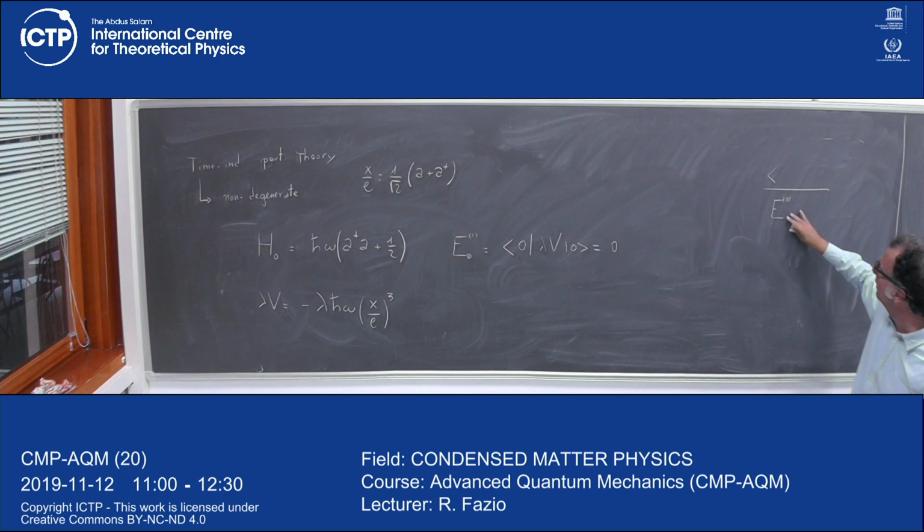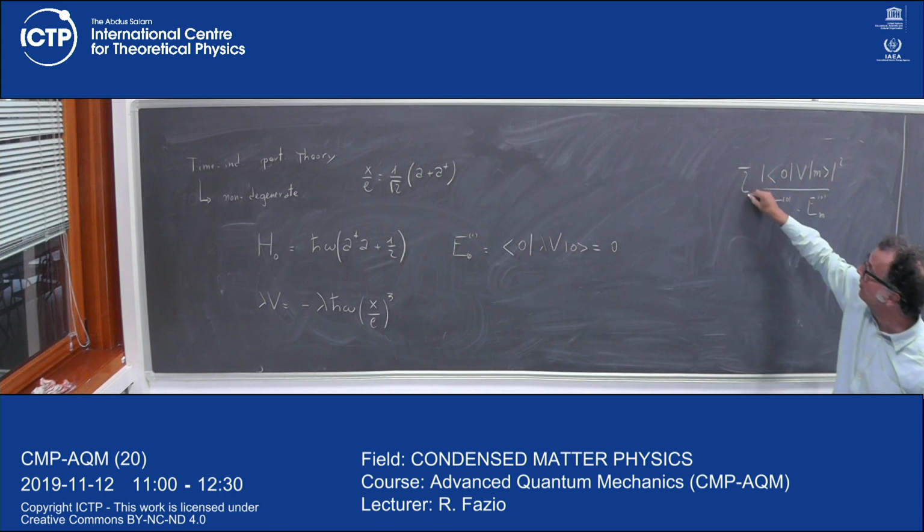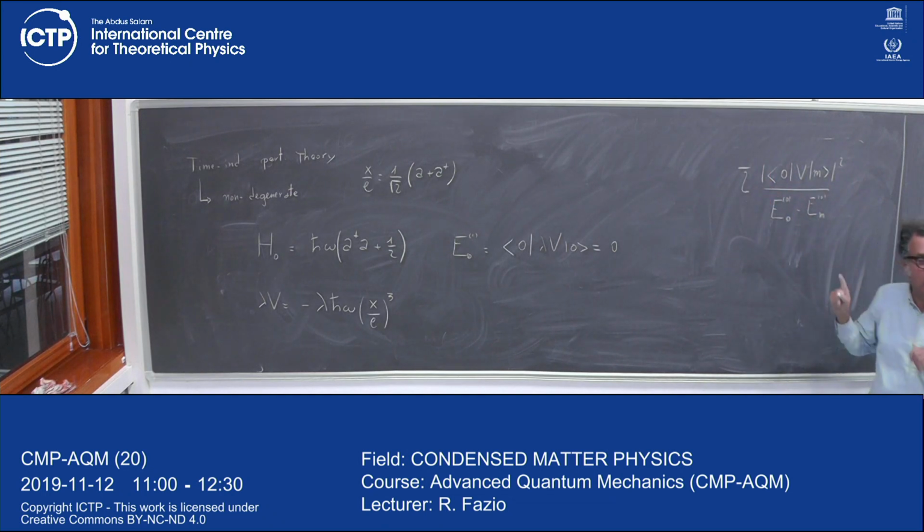E0 minus Em, then you have the matrix element 0, V, m, modulus squared. And then you have to sum. Now, one question. How many m do you have to consider?